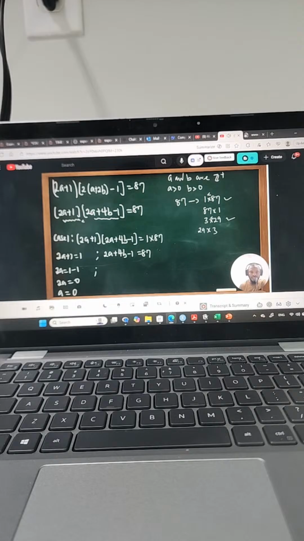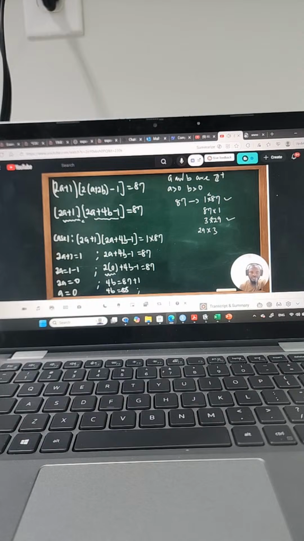And in the second equation, we're going to have 2 into parentheses 0, since a equals to 0, plus 4b minus 1 equals to 87. So this is going to be 0. So here we have 4b equals to 87 plus 1, so 4b equals to 88.